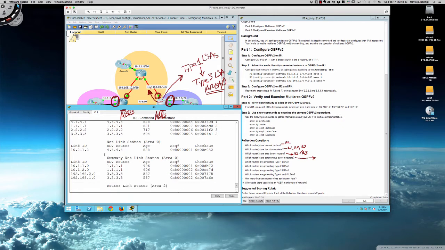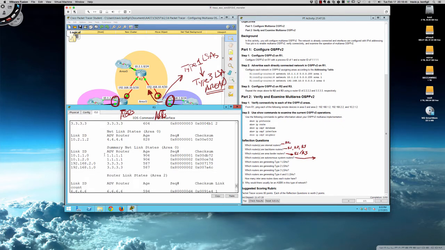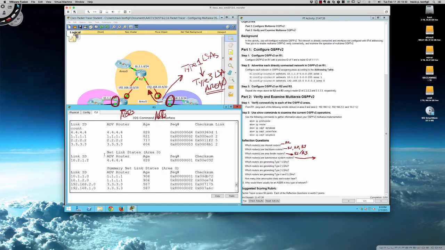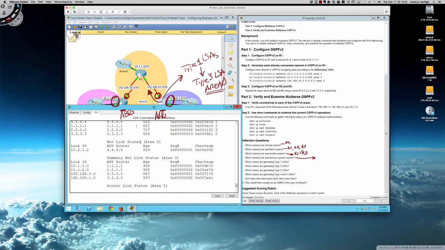Now, the next one is an interesting one. Sorry about that, kind of scrolling off here. All right, so net link states in area 0. Now, these are type 2 LSAs. These are network LSAs. And if you remember, the only time you see a type 2 LSA is if there's a DR BDR in that area.